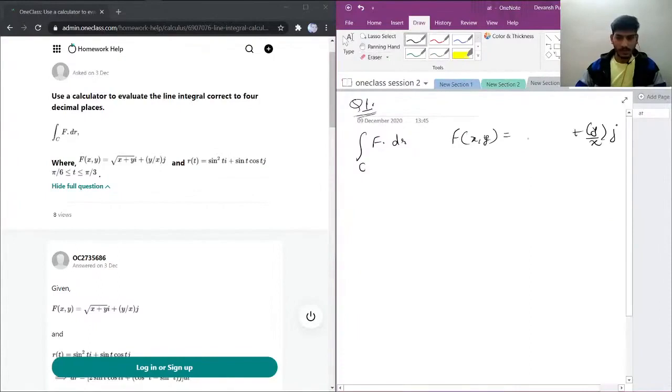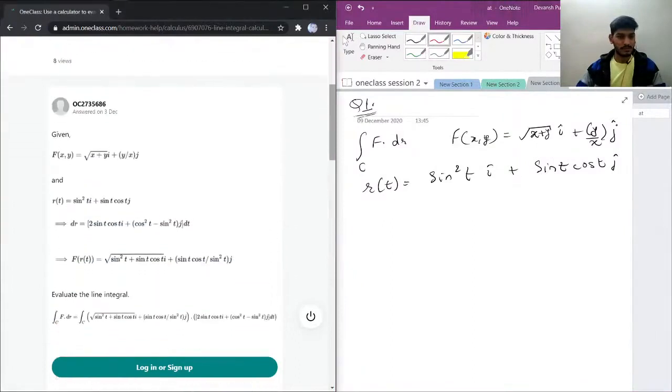This should be square root of x plus y, and this should be I cap, this should be j cap. I and j are the unit vectors, and we have r as sine squared t I cap plus sine t cosine t j cap.